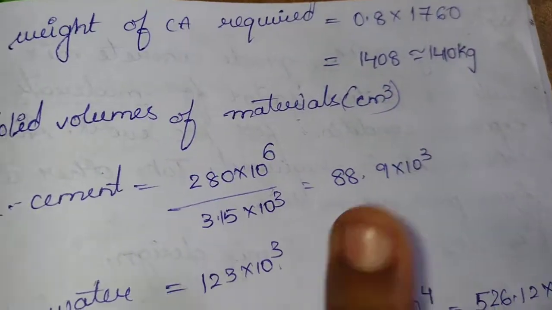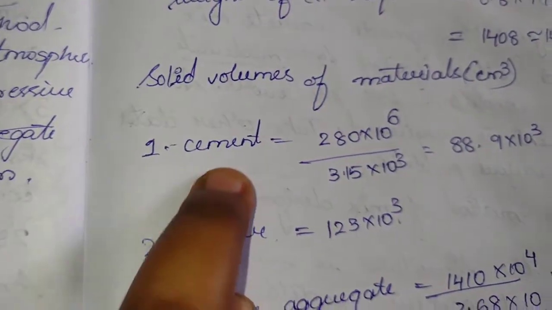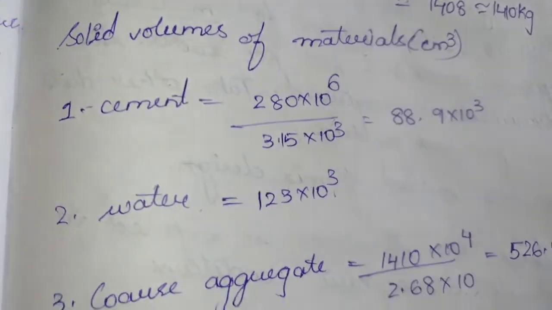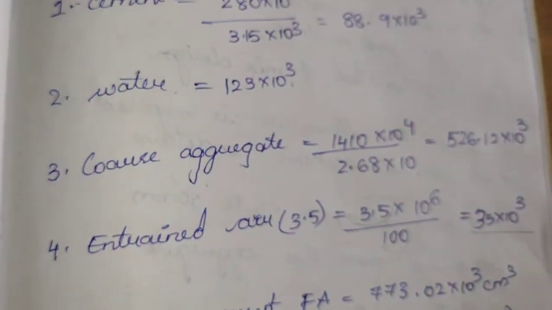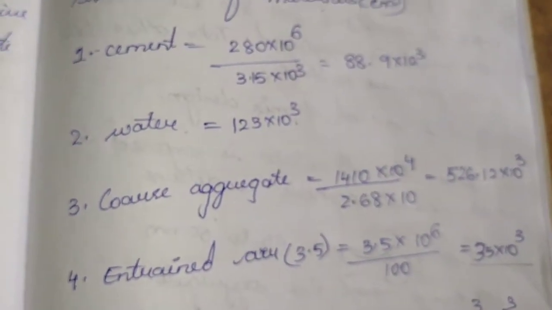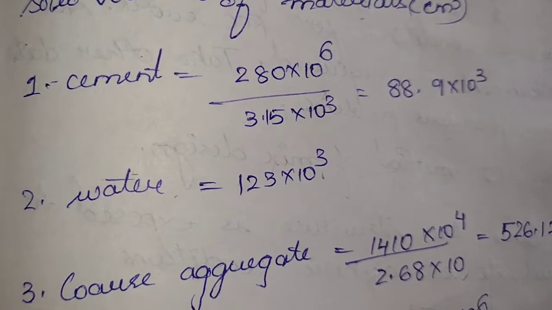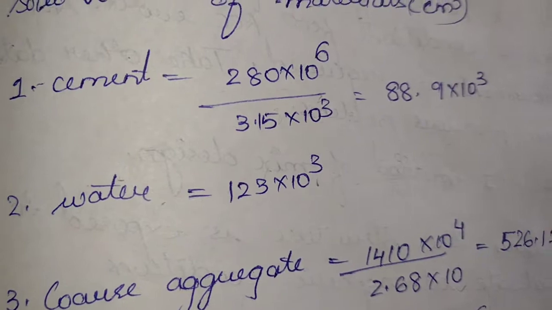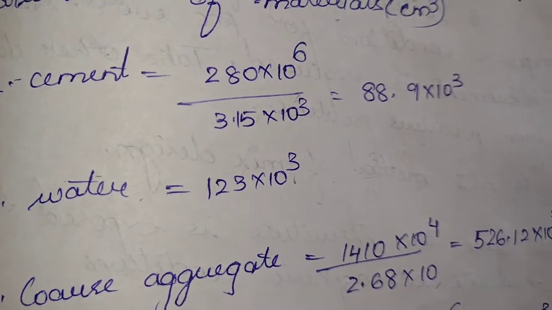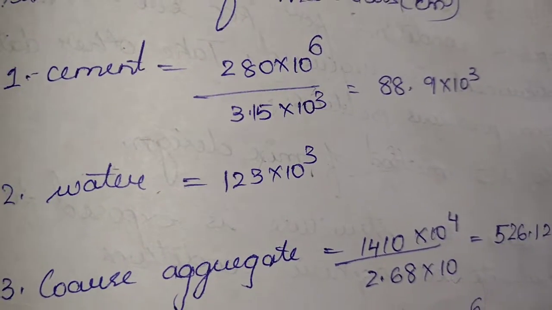Okay, next we will be calculating the solid volumes of materials per centimeter cube. In centimeter cube we will be calculating the volumes of all the materials. Let's start with cement. For calculating the volume of the cement in centimeter cube, that is the weight of the cement.